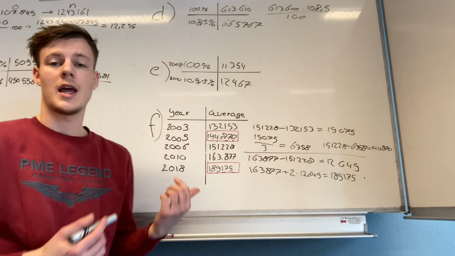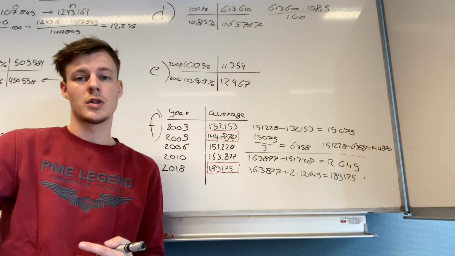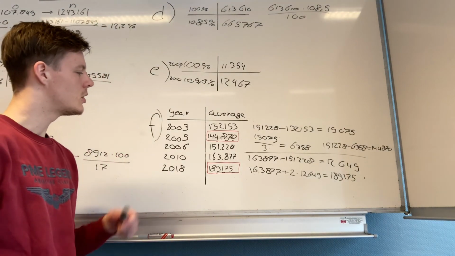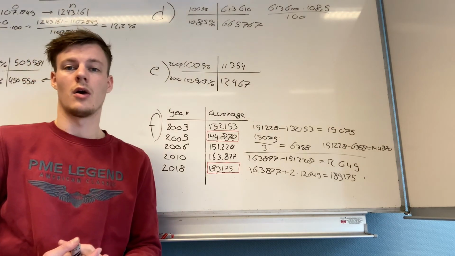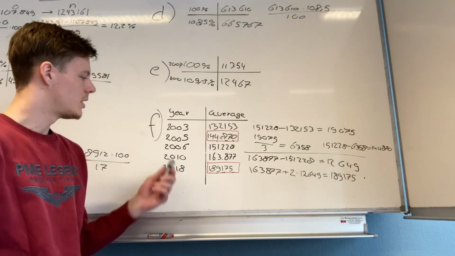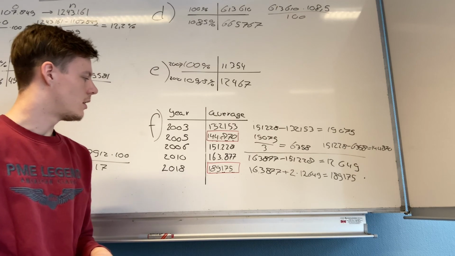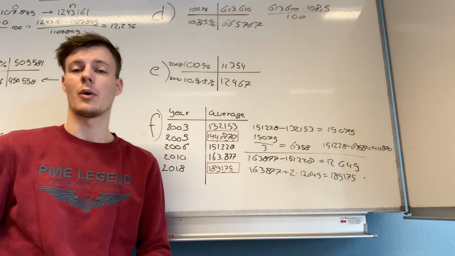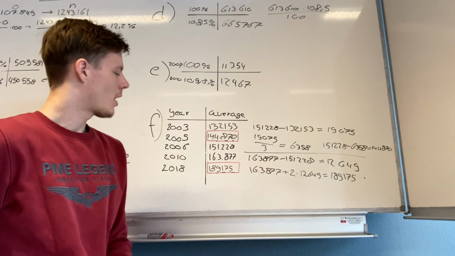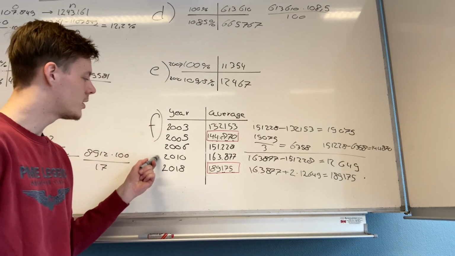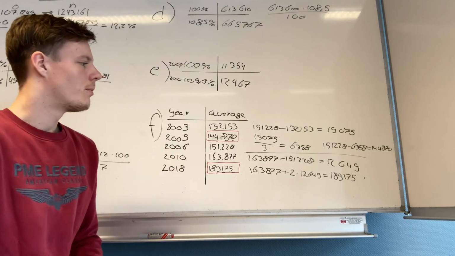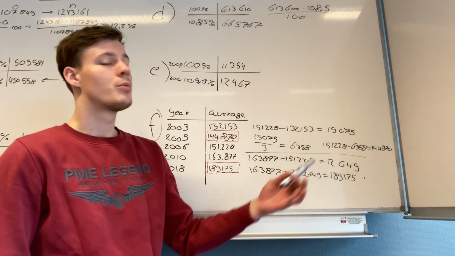For 2018, you need to go beyond what you already have, like in the future, and you use the last 2 years that are available. So in this case, that are these 2 numbers. You do the same thing, you calculate the difference between them, and since there are 4 years in between these values, the increase is per 4 years.